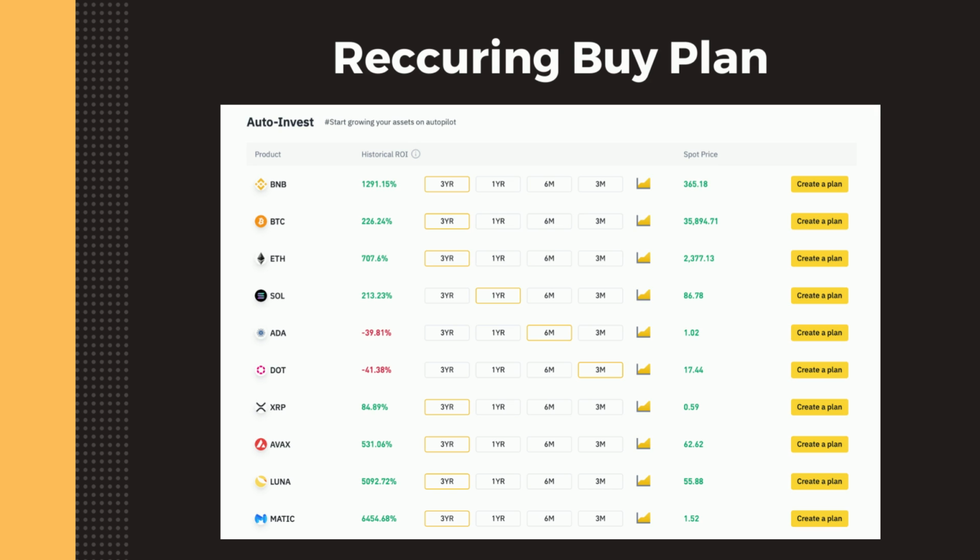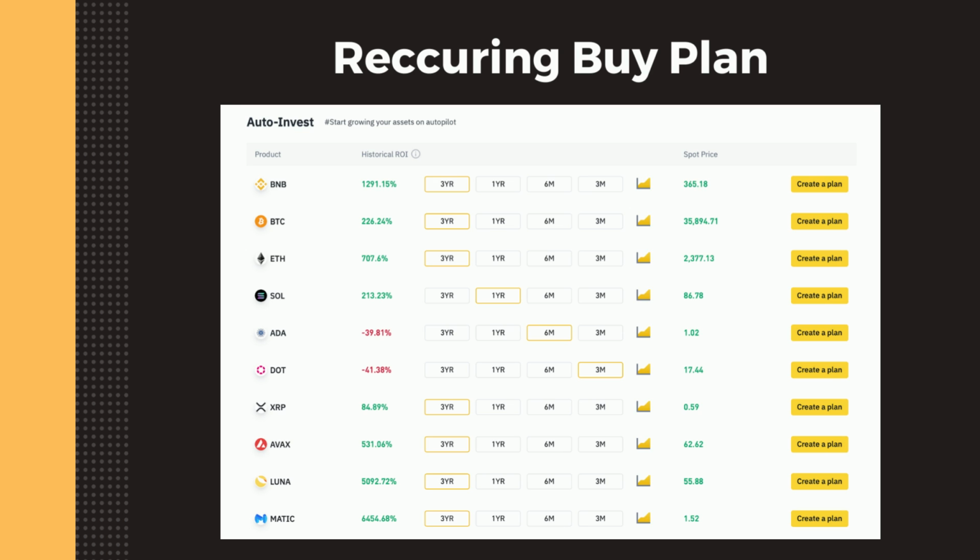And here's an example of a recurring buy plan using the auto invest option with one of the cryptocurrency exchanges. On this picture, you can see different cryptocurrencies that have given a historical rate of return, and you can see that in 3 years time it has given the best return.